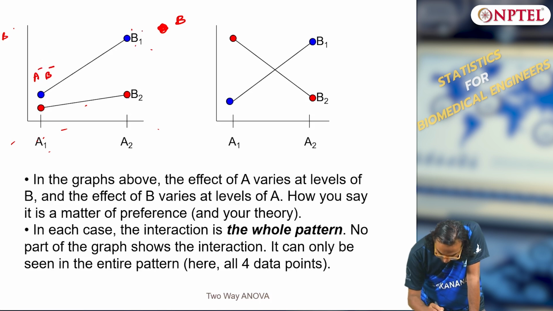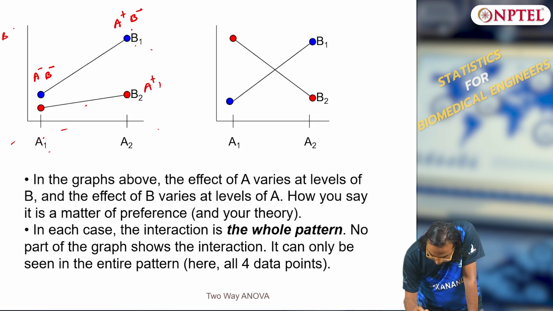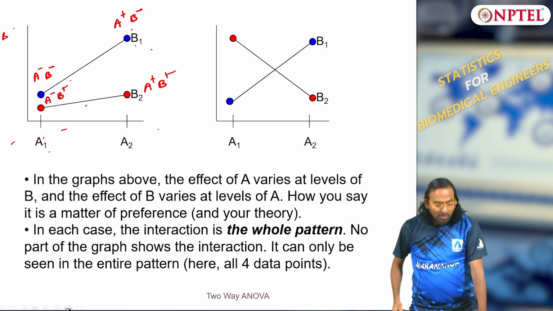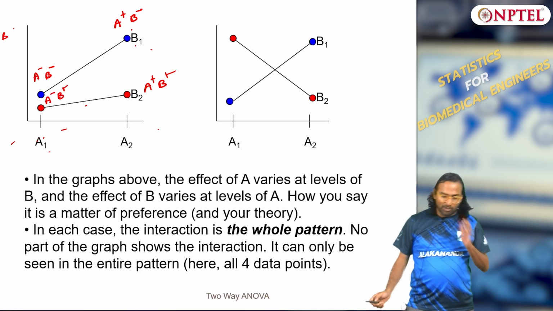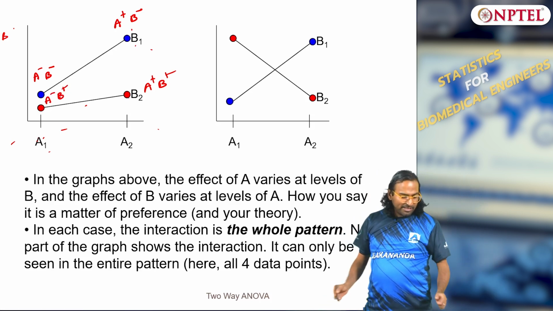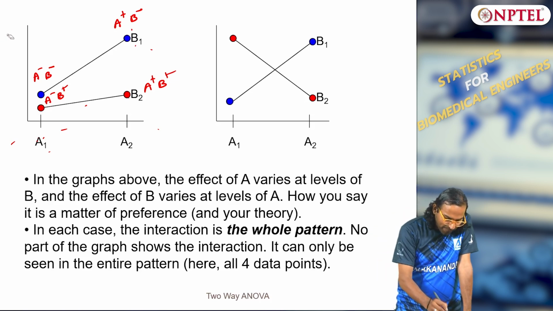There are 4 data points. This is A positive, B negative. What is this? A negative. The red color is B positive and blue is B negative, and the levels are indicated here. So, these are my 4 data points.